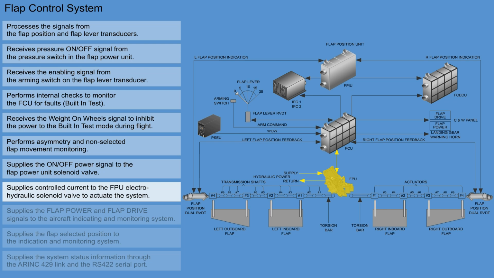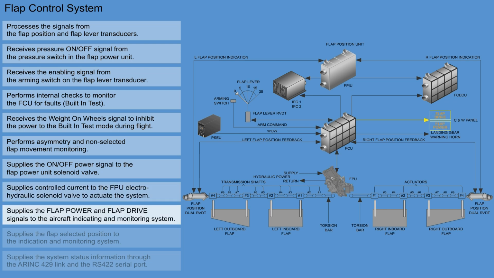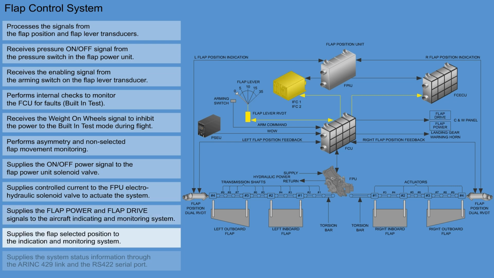Supplies controlled current to the FPU electro-hydraulic solenoid valve to actuate the system. Supplies the flap power and flap drive signals to the aircraft indicating and monitoring system. Supplies the flap selected position to the indication and monitoring system. Supplies system status information through the ARINC 429 link and the RS422 serial port.